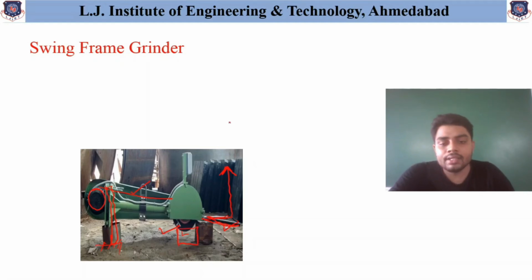Now when it is lifted upward, the workpiece is fed over here, then this is moved downward, and as this grinding wheel starts rotating against the workpiece, it starts removing material from the workpiece. And in many of the cases, this swing frame grinder is used to cut any of the components.